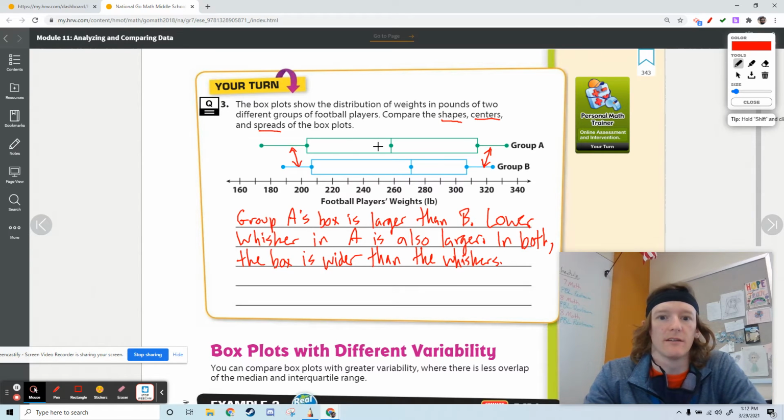What that means is here's 25% of our data, here's 25% of our data, here's 25% of our data, and here's 25% of our data.